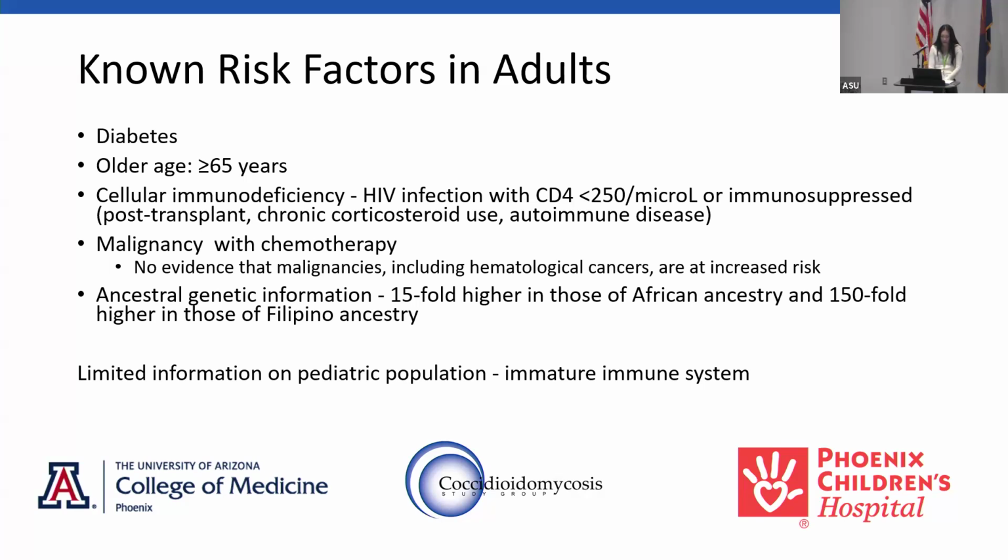Interestingly, there's no evidence that malignancy itself, including hematological cancers, increases the risk of disseminated severe infections. These patients are at a higher risk of infection only after starting chemotherapy. There's also evidence that those of African and Filipino ancestry are at much higher risk of disseminated disease.